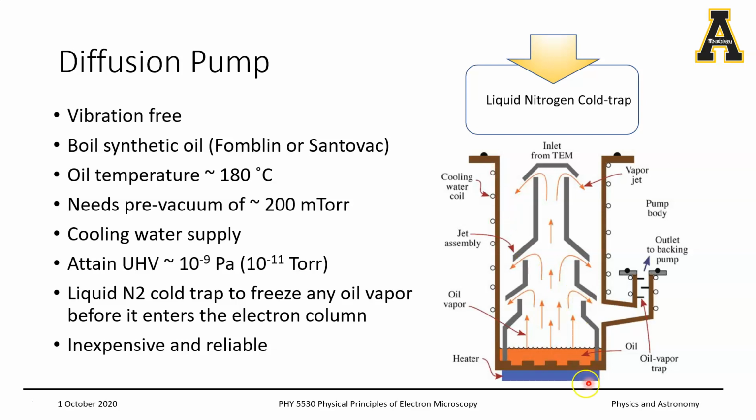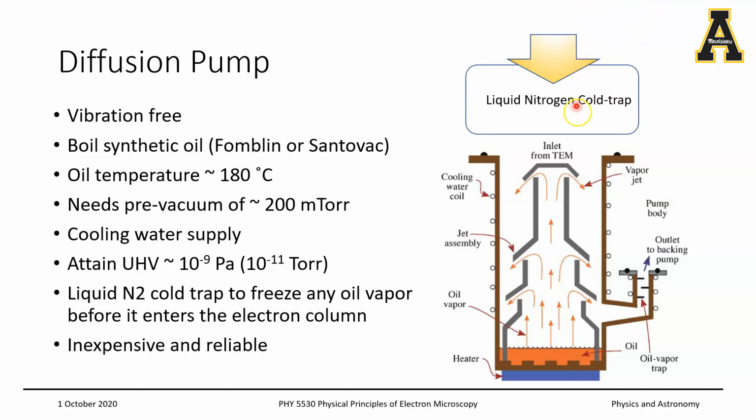You just have a heater, you have oil, which is cheap, and then a certain mechanism where you're redirecting the oil vapor in a downward direction, where it collects the drifting air molecules and then moves them down and generates a higher vacuum on the top end.